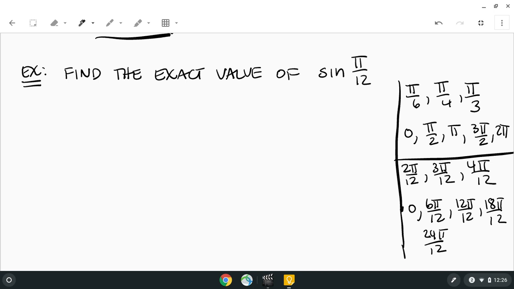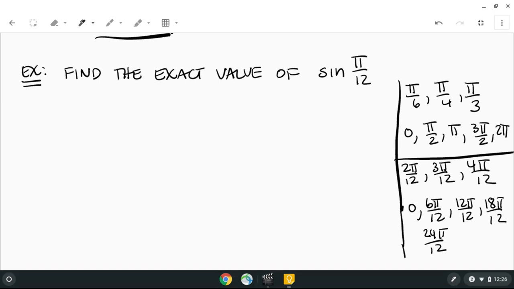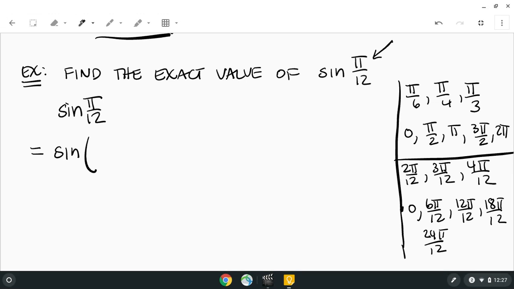they all have the same denominator, which will be easier for us to figure out which two should I add or subtract in order to get pi over 12? Okay. All right. So we will go ahead and rewrite pi over 12 as the sum or difference. Okay. So sine of, okay, so here we want to get 1 pi over 12.